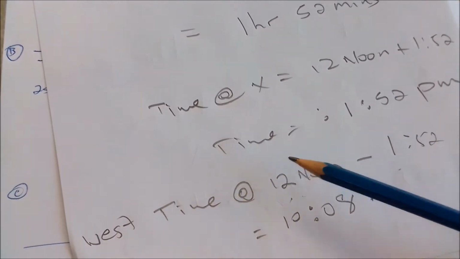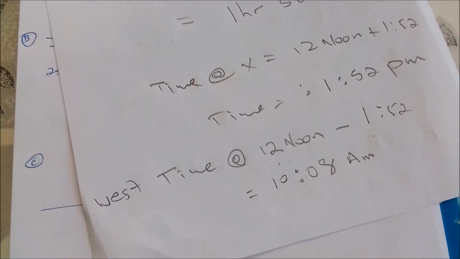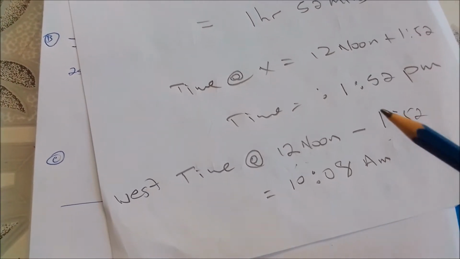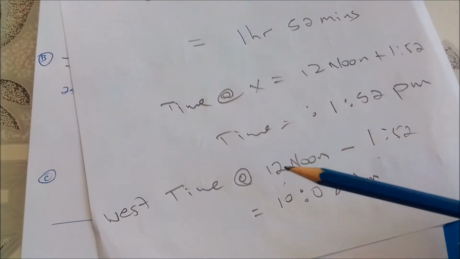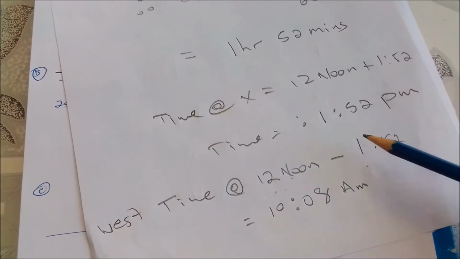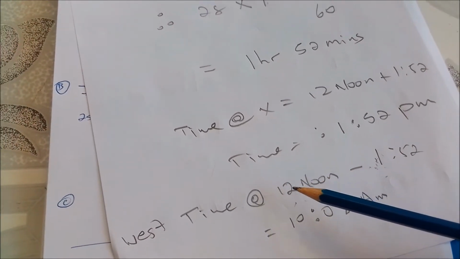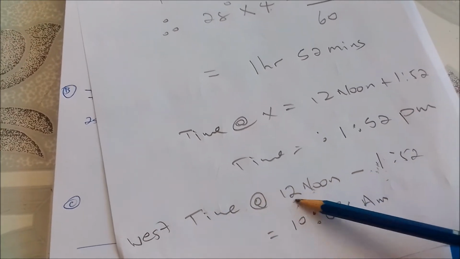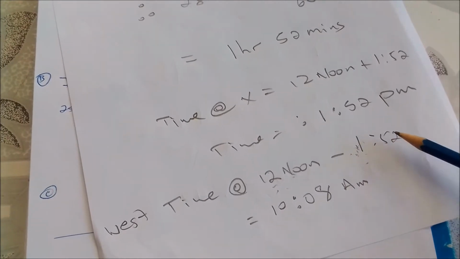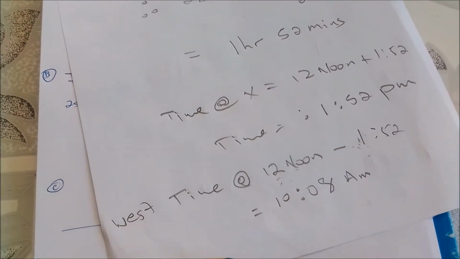If I was moving in a westerly direction, remember, with time, if you're moving east, you add; if you're moving west, you minus. So you always start with the hours first. 1 hour from 12 noon gives you 11 o'clock, and you still have 52 minutes to minus. So you minus the 52 minutes from the next hour.